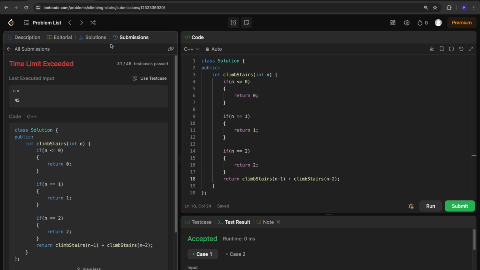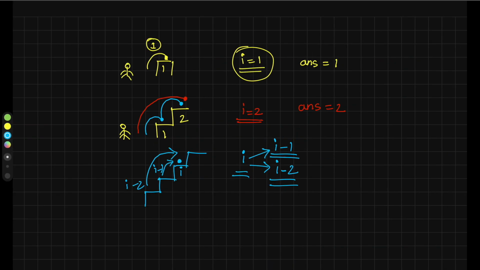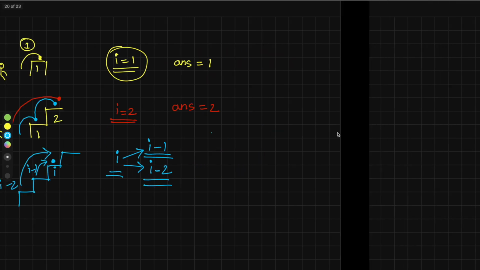If we draw a recursive diagram for these calls, let's say we are at step 5, and what are all the options that it is going to take? It will call i minus 1, that is 4, and i minus 2, that is 3.